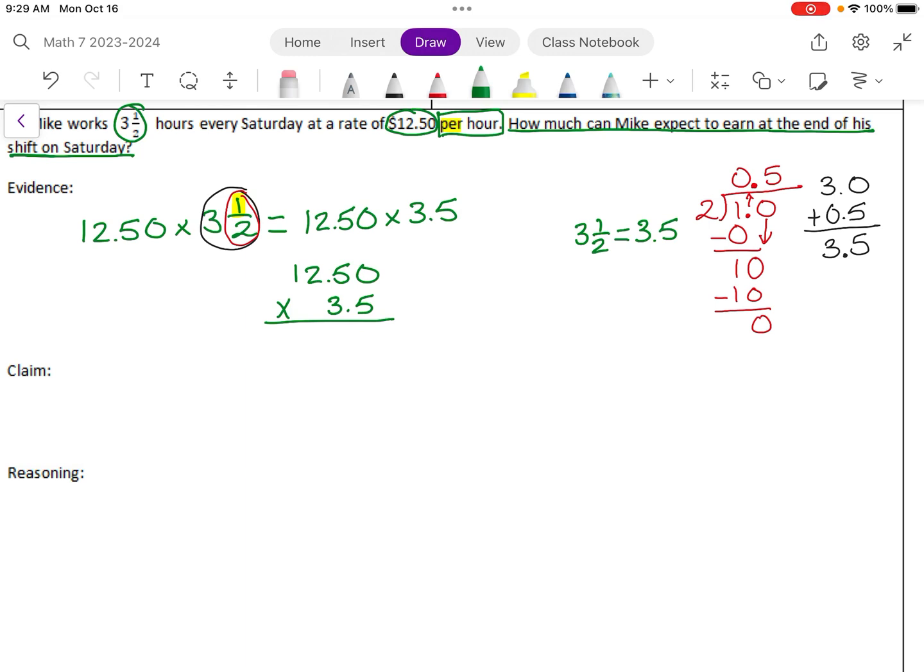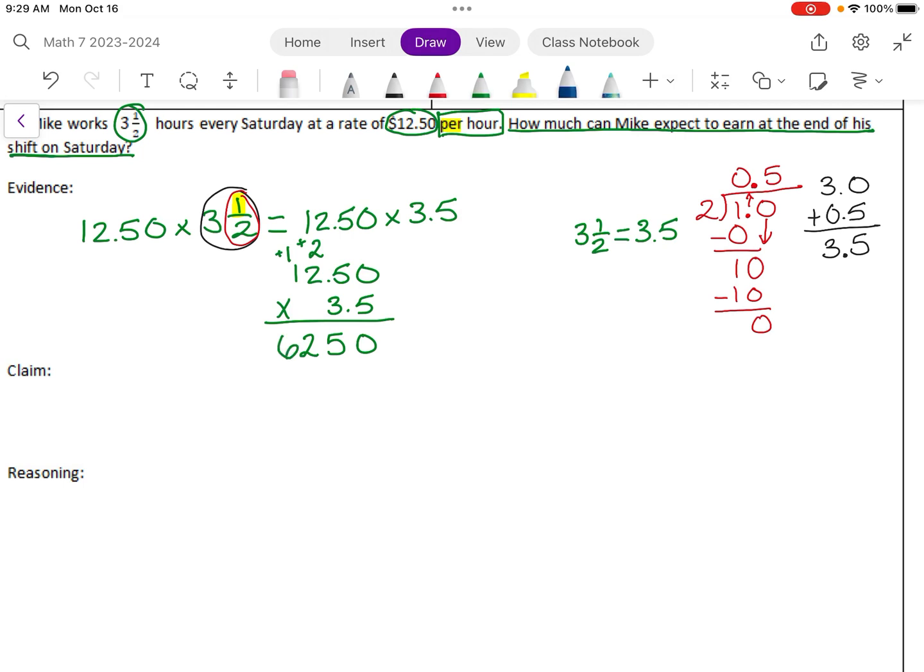Now we multiply like normal. 5 times 0 is 0. 5 times 5 is 25. Put the 5 down here. Bring up the 2. 2 times 5 is 10. Plus 2 is 12. So bring the 2 down. Bring up the 1. 5 times 1 is 5. Plus 1 is 6. Okay.